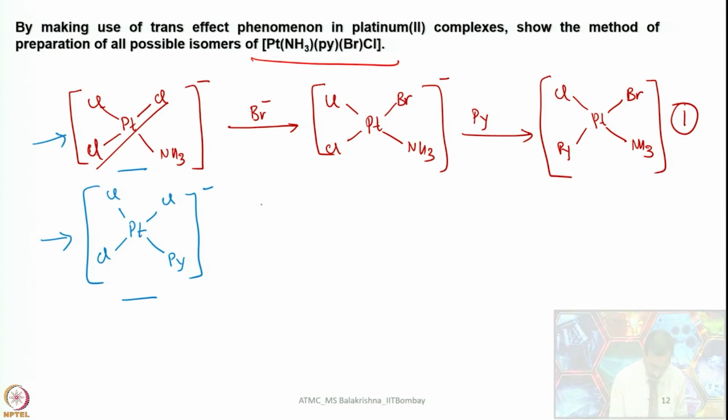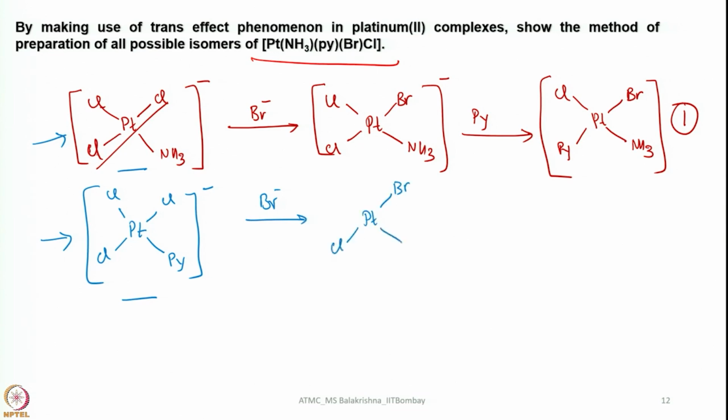Now again I shall add bromide here, again no changes, we end up getting something like this, but we have pyridine here and we have chloride here. Again this is anionic. Now I am adding ammonia.